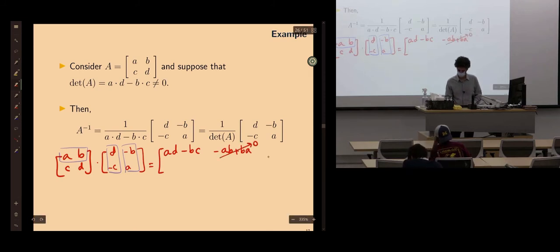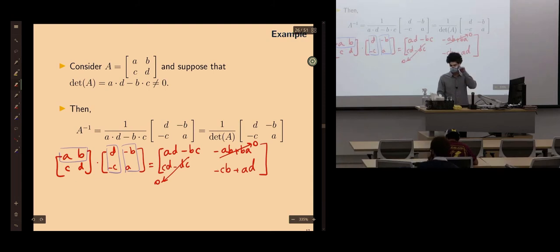Which makes it 0. Now we have C times D minus D times C. That makes this one 0, too. And then we have minus C, B plus A, D. It was a little embarrassing, but we got there.